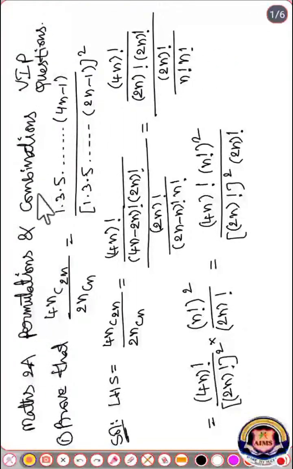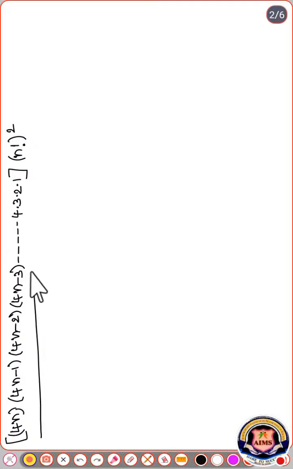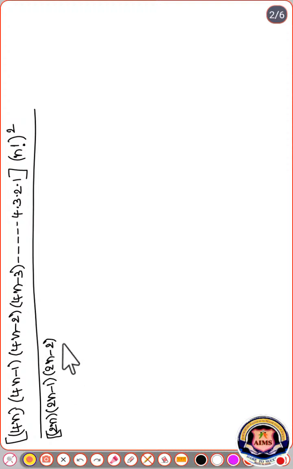The numerator n factorial whole square stays as it is. Next, whole divided by 2n factorial whole square. So 2n factorial can be written as 2n, again decreasing 1 number, 2n minus 1, 2n minus 2, 2n minus 3 and so on up to 4, 3, 2, 1, total whole square.